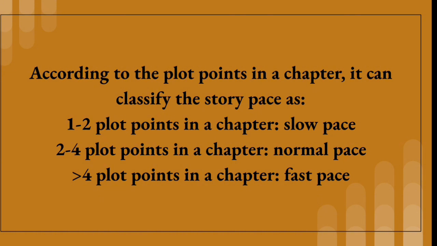A lot of website novels are not going to accept that kind of novel. With this now, you know that 1 to 2 plot points in a chapter is slow pace, 2 to 4 is normal pace, and above 4 is fast pace. So use this pattern to write your first few chapters, okay?